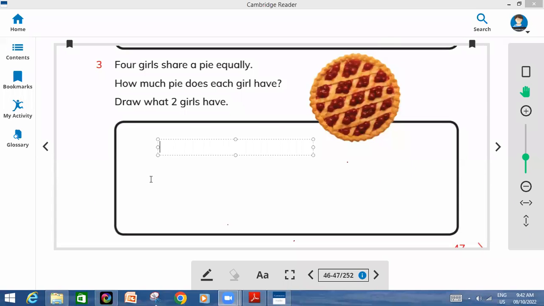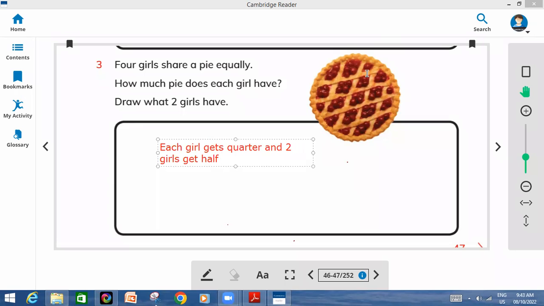So we can write, each girl gets a quarter and 2 girls get half.